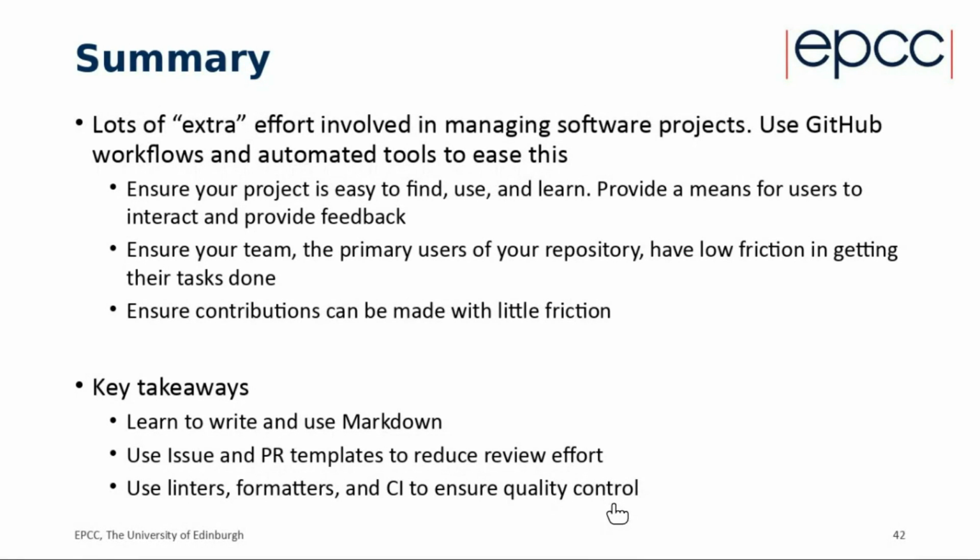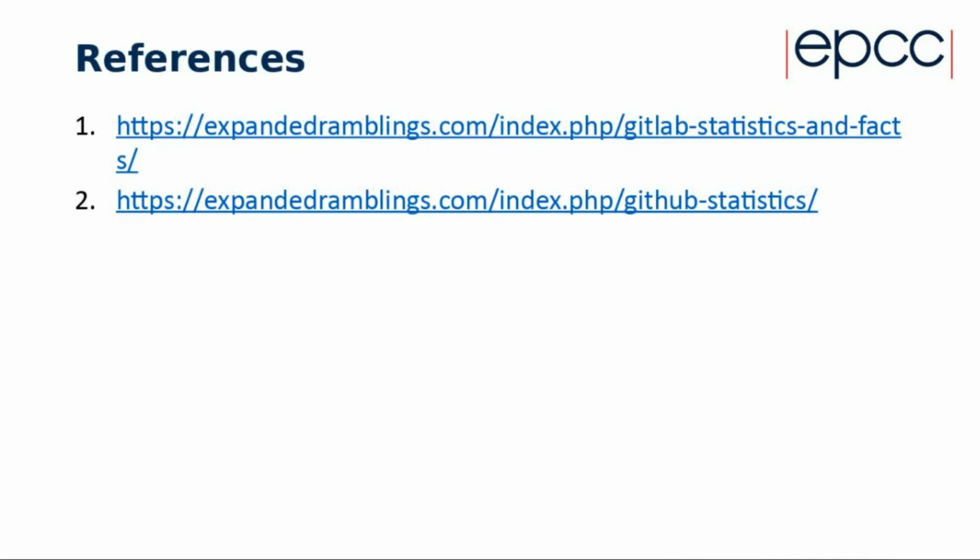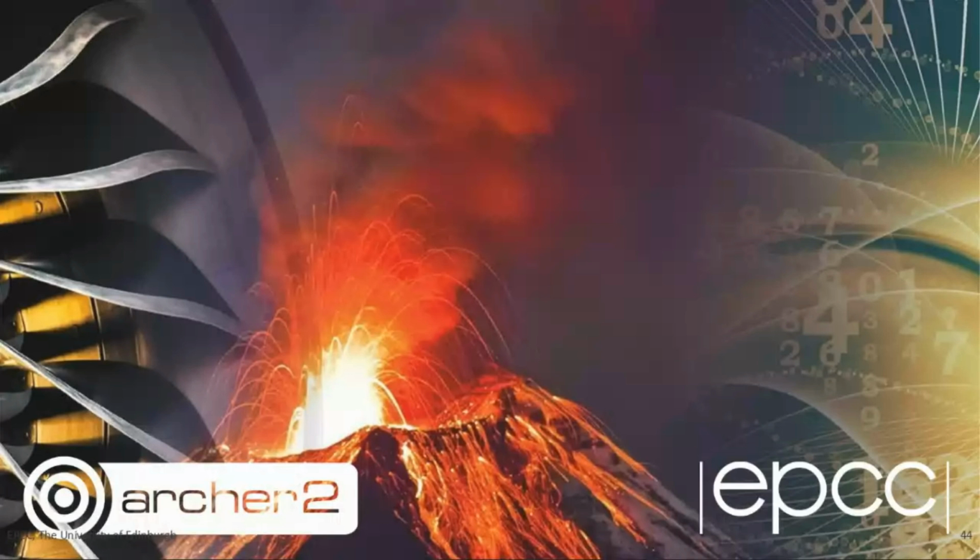Use issue and PR templates to vastly reduce the amount of manual effort you have to do when reviewing things, and use linters, formatters, and CI, of course, to help build quality control. I think that's everything. There's a few references there. Yep, that's me. I will see if there's any more questions, and thank you for listening.